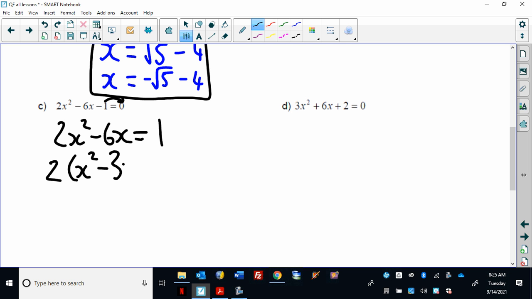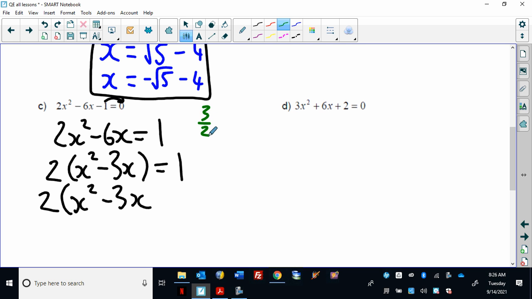So you can factor that out and then proceed as normal. Take this, turn this into a perfect square trinomial. Take 3, divide it by 2, giving you 3 over 2, and then square that answer, and that gives you 9 over 4.